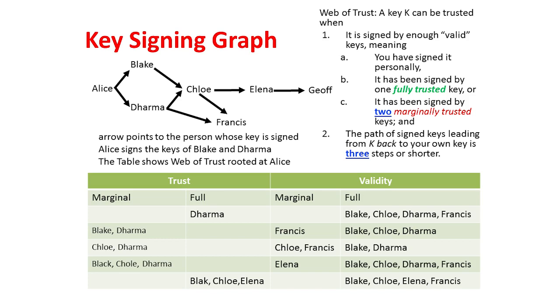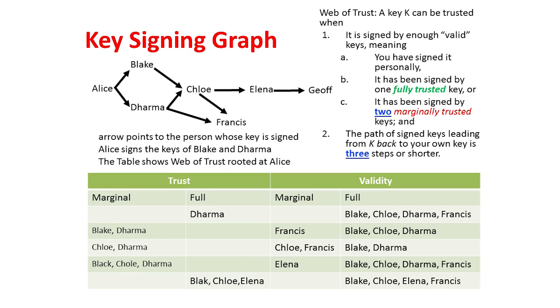Okay, row number 4. When the marginal trust in Blake is added, Chloe's key becomes fully valid and can then be used to fully validate Francis' key and marginally validate the next one, Alina's key. Row 5.